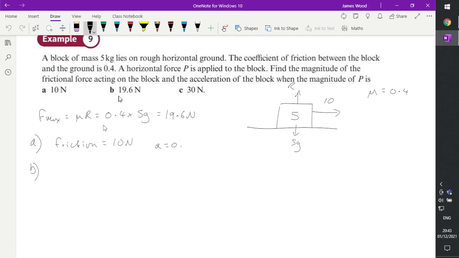Part B, if we change P to 19.6, well, that's exactly the same as the frictional force at its maximum. So the friction is going to be at its maximum, 19.6 newtons. a is still going to be 0, but it would be on the point of moving or on the point of sliding.